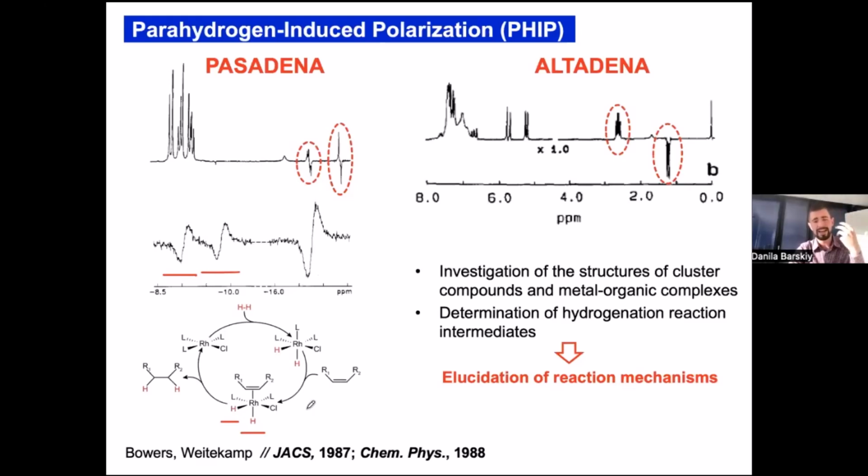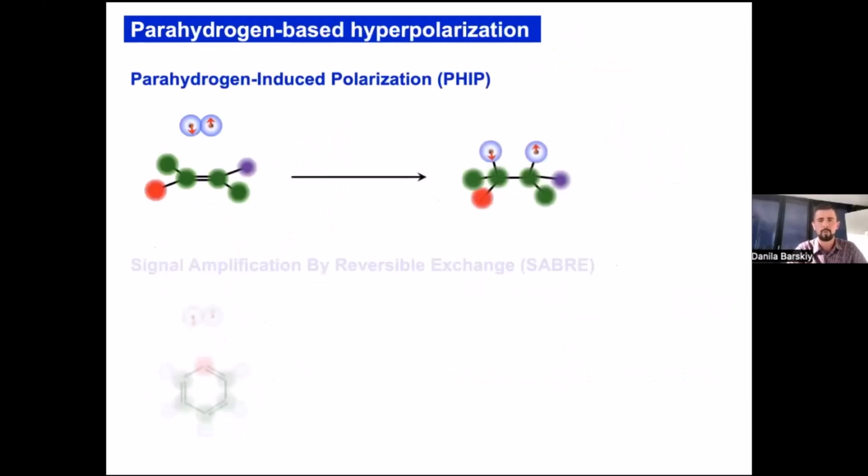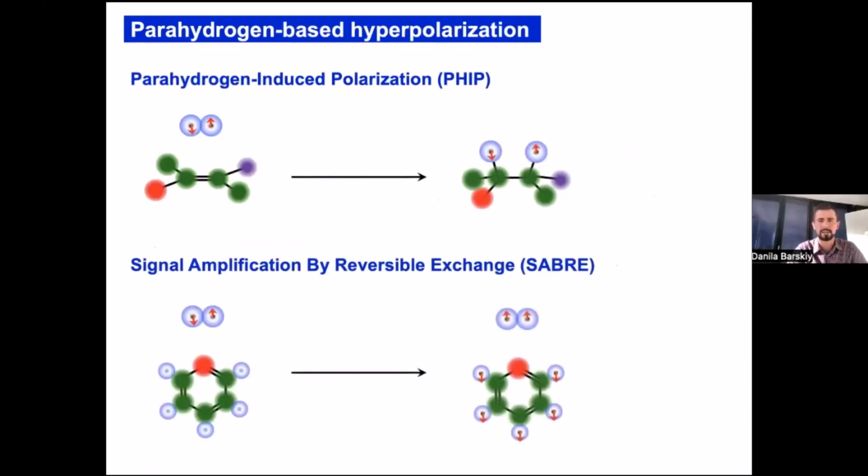So hydrogen has to come to the product molecule in a pairwise manner, which means two hydrogen atoms from the same molecule should retain their nuclear spin memory between each other. That's what we call pairwise hydrogen addition. It's usually realized using homogeneous catalysts. And a few words about homogeneous catalysis on the next slide.